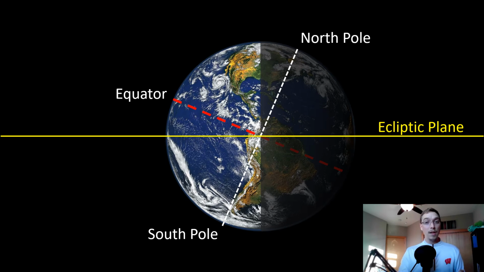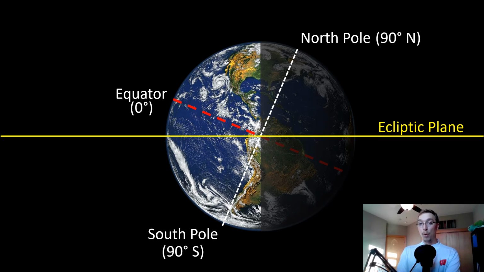Notice it's not on the line of the ecliptic plane, it's in relation to our poles, our true north, if you will. So this points at 0 degrees latitude, where the poles are at 90 degrees north and 90 degrees south latitude.